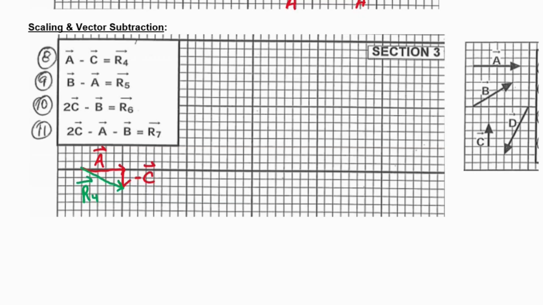Okay, so going on to 9, we have b minus a. And this gives us a resultant vector 5. All right, and now for 10, we have 2c minus b.